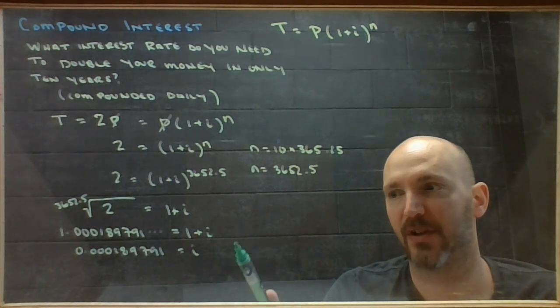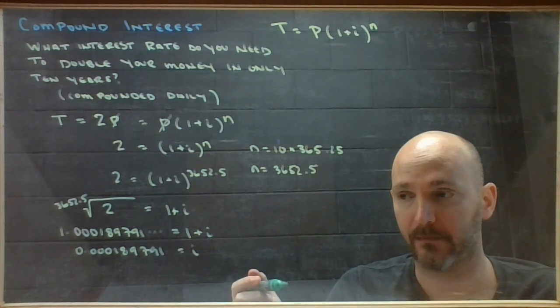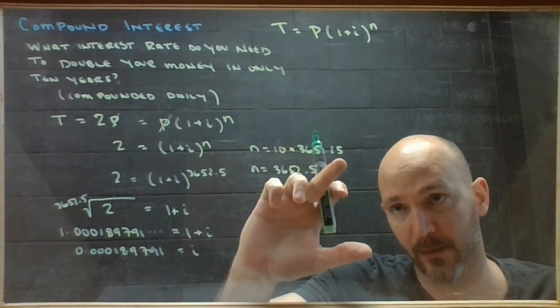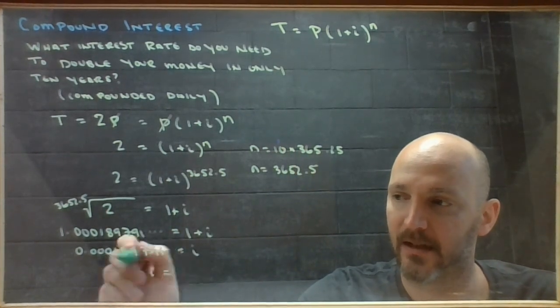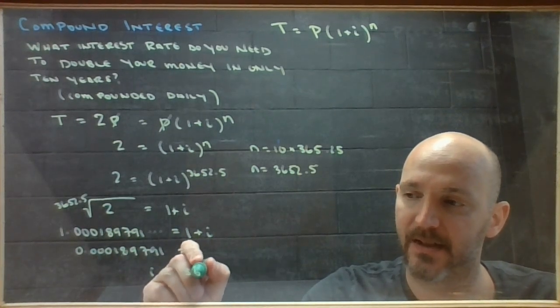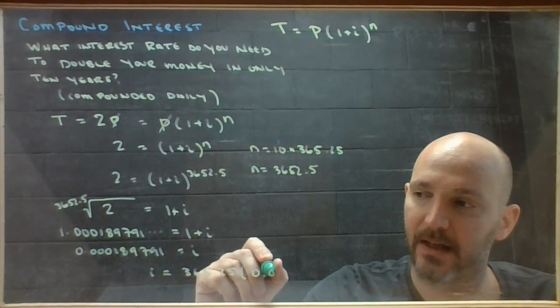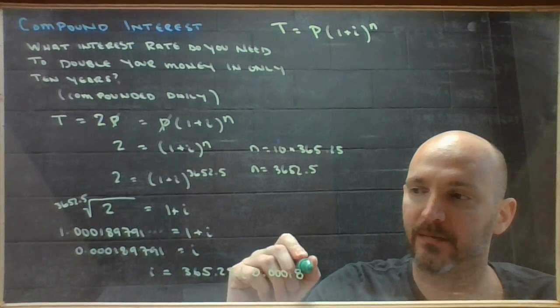So I have to adjust that back up to a per annum rate. So if it's this much per day, and we said there were that many days in a year, I'm going to have to take this and multiply it by 365.25 to get how much I'm paying or earning, sorry, in a year.